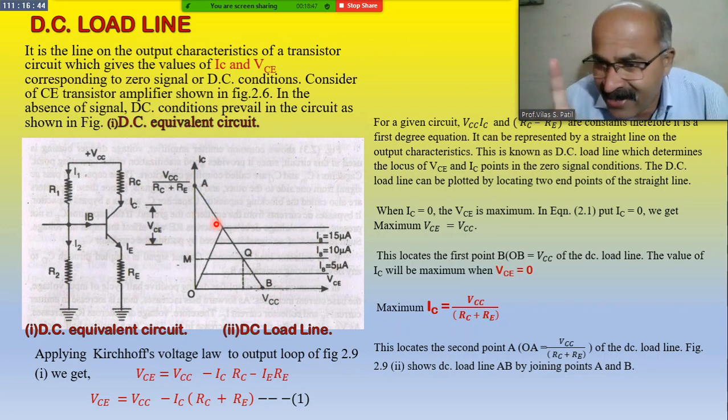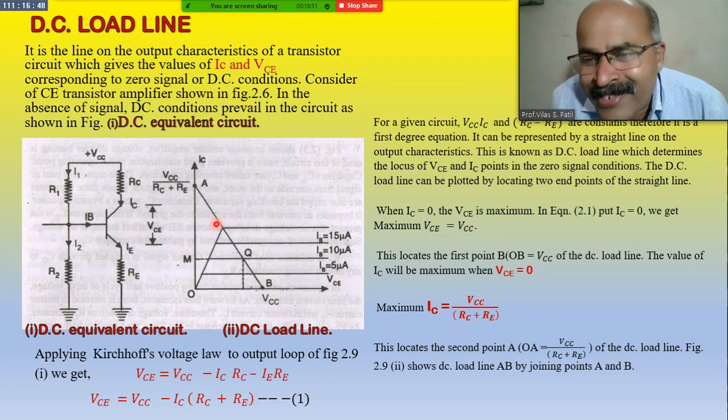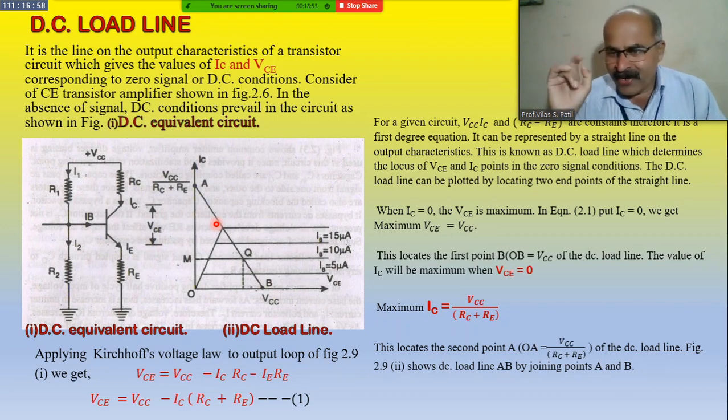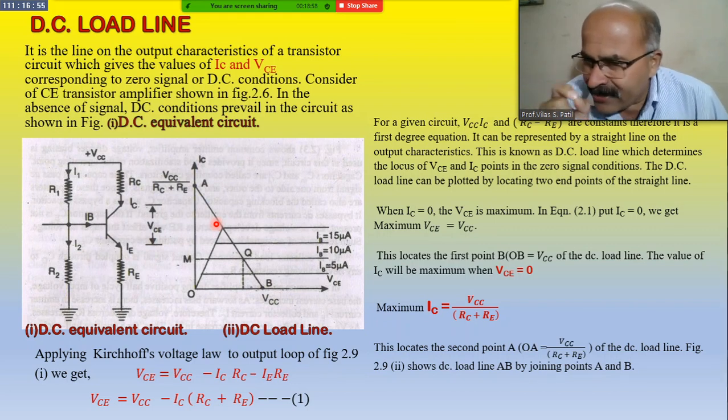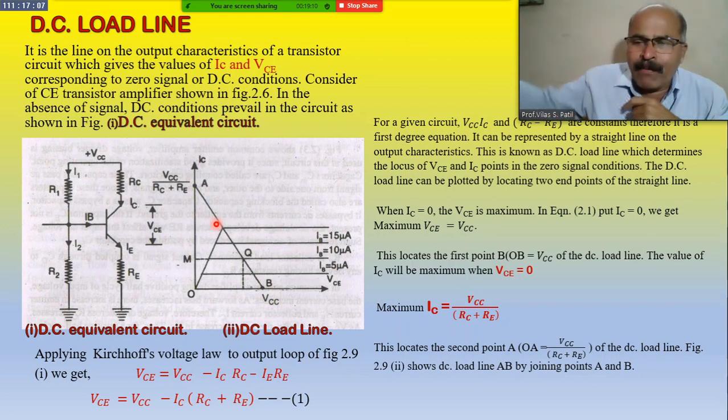Hence these are not known as operating points, because at any point in this region, the transistor does not stabilize, is not properly biased, and hence is not able to do its function to act as an amplifier.